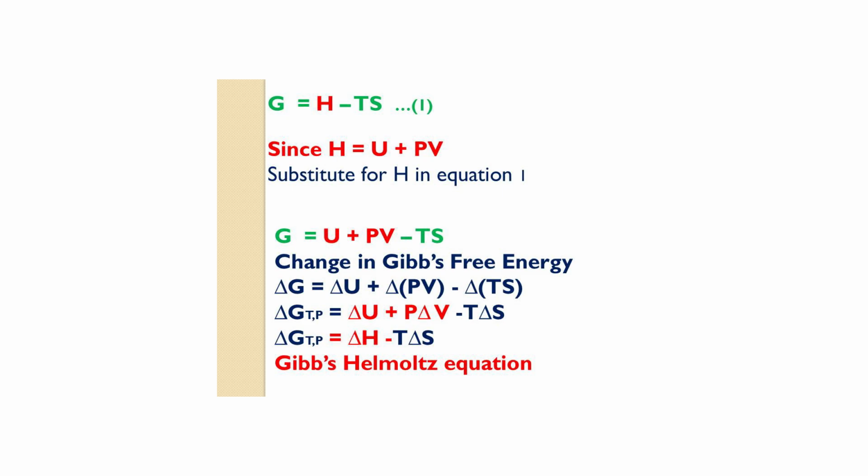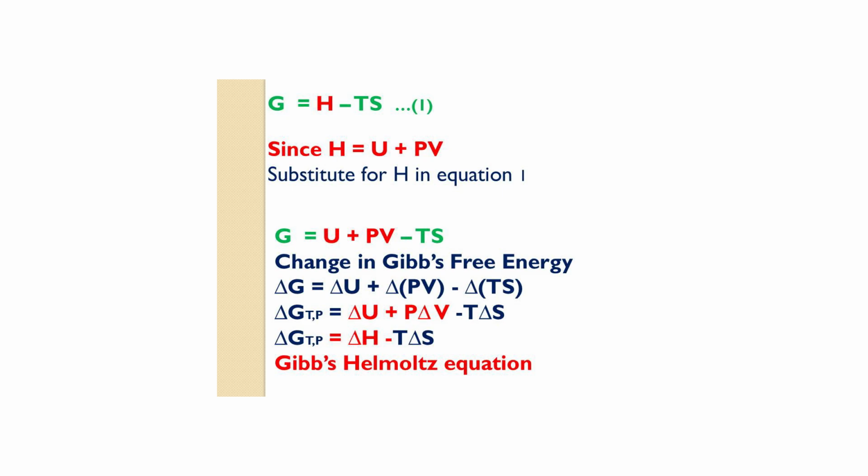What is the equation for capital H, enthalpy? Enthalpy H is equal to U plus PV. Substitute for H in equation number 1. Therefore, G is equal to U plus PV minus TS, equation number 2. That is, change in Gibbs free energy delta G is equal to delta U plus delta PV minus delta TS.